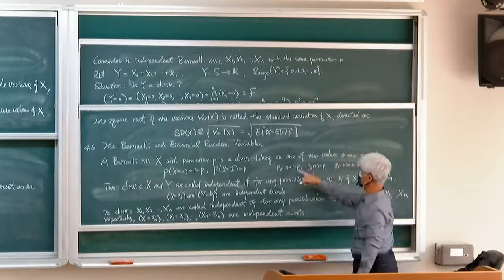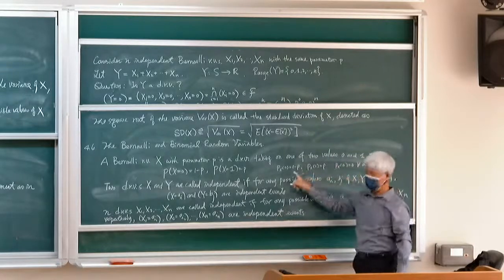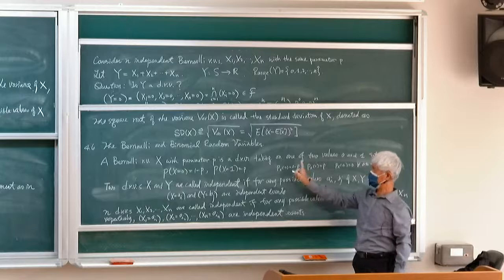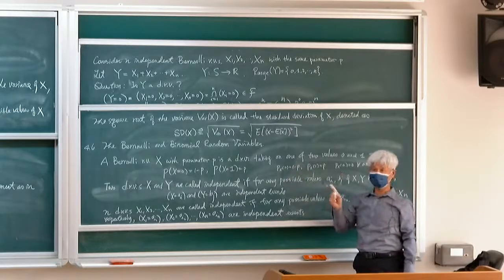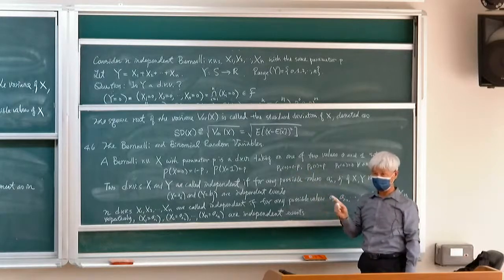If we have a PMF like this one, then the random variable X is called a Bernoulli random variable with parameter p.